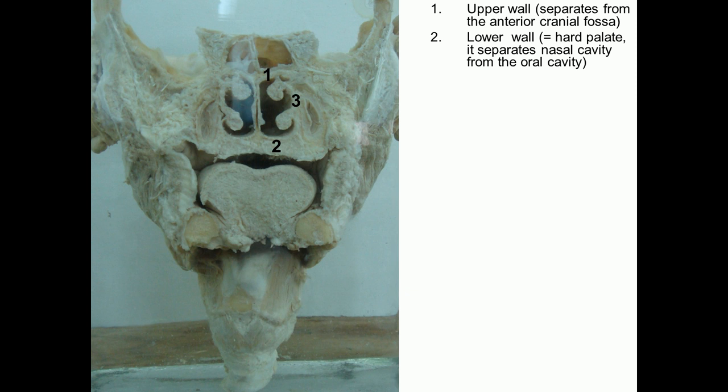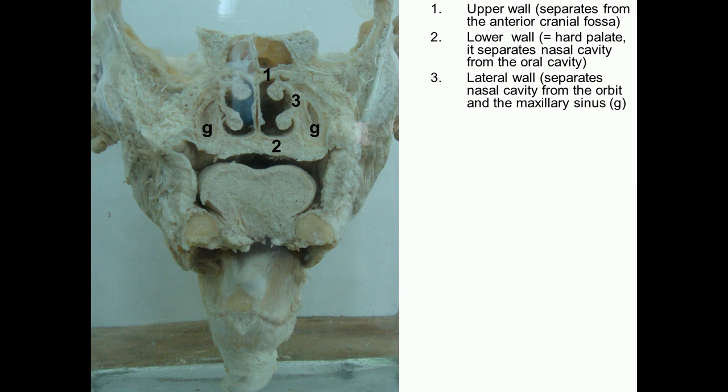And now, number three. What is it, number three? It's the lateral wall, sure. The lateral wall separates the nasal cavity from the orbit, but the orbit here isn't seen, and from the maxillary sinus.